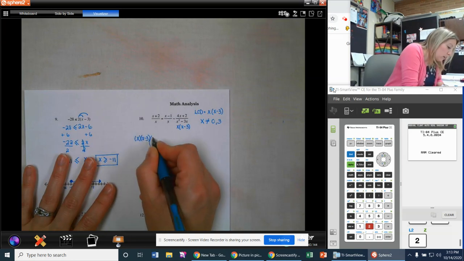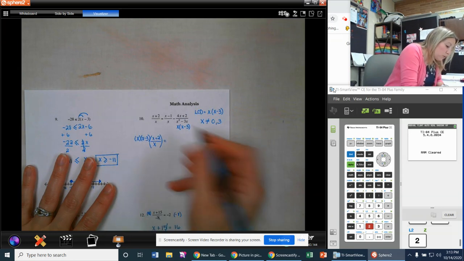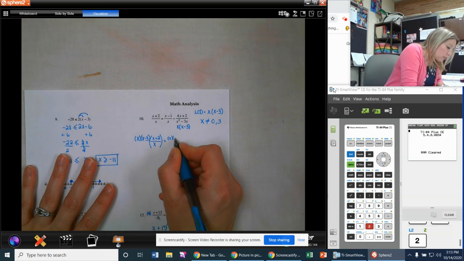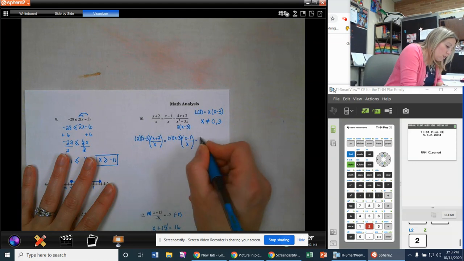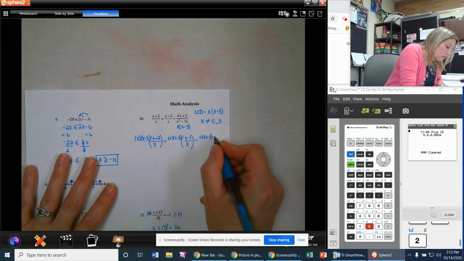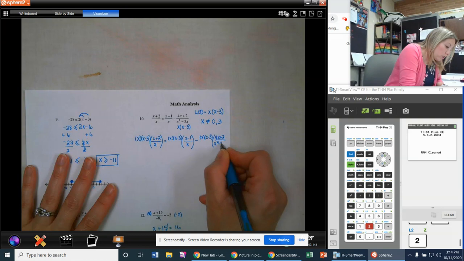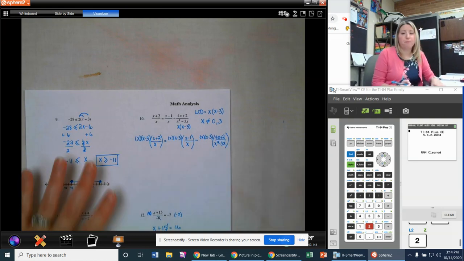So rewrite this, x plus 2 over x. Okay, now let's do it again. Equal sign, x, x minus 3, x minus 1 over x, just like that. X, x minus 3, 4x plus 2 over x squared minus 3x, just like that.